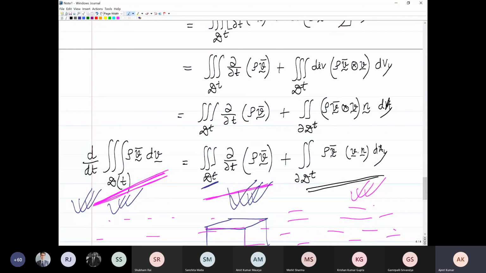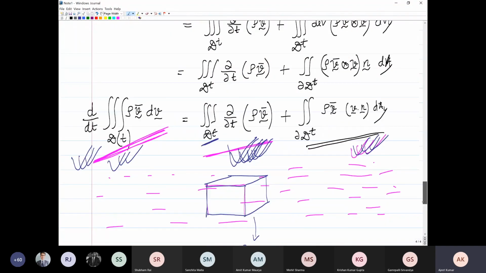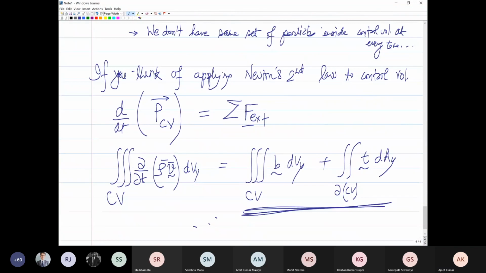One is the rate of change over the control volume, and also this flux. This also has to be there. So this is something you are missing here. I can say that the flux part is missing from the left hand side.